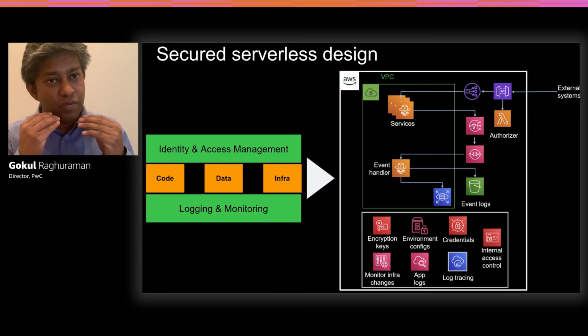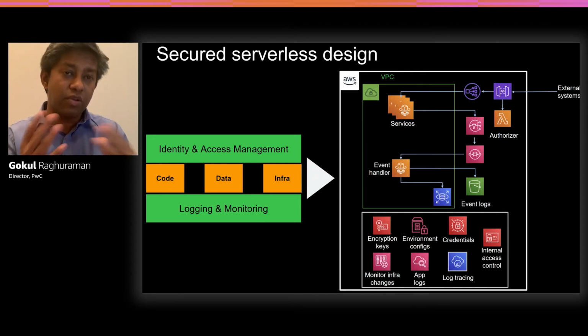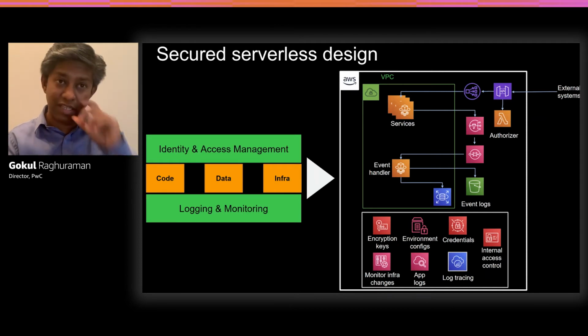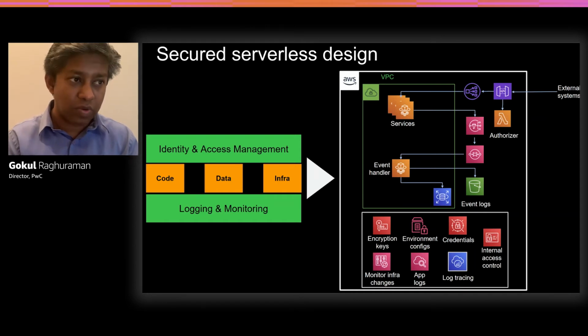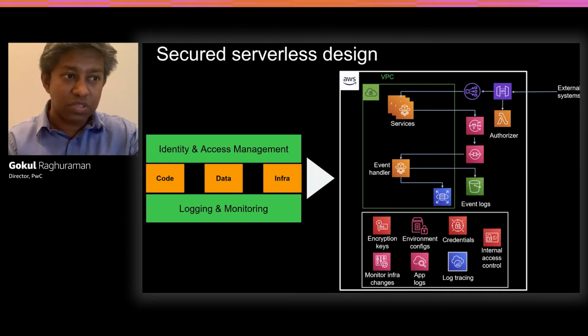Now, before you even start designing the security around these solutions, you should be aware of 5 key domains that you should focus on when you go down the path of serverless. Identity and access management, which is absolutely critical.